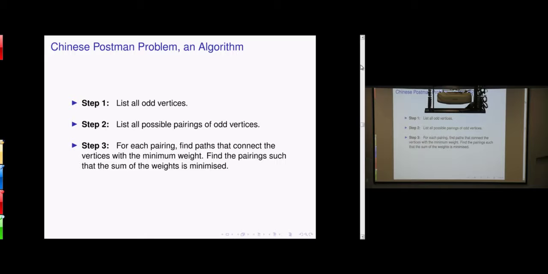Now, step 3: for each pairing, find paths that connect the vertices with the minimum weight. For each pair, you have lots of possible paths, so you have to find the one of minimum weight. Now find the pairings such that the sum of weights is minimized.